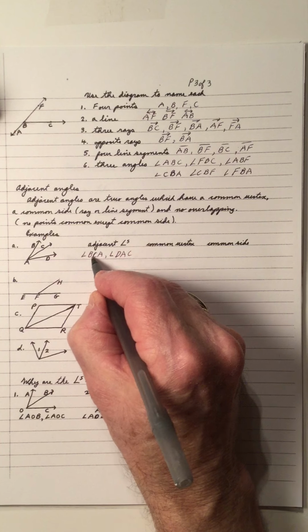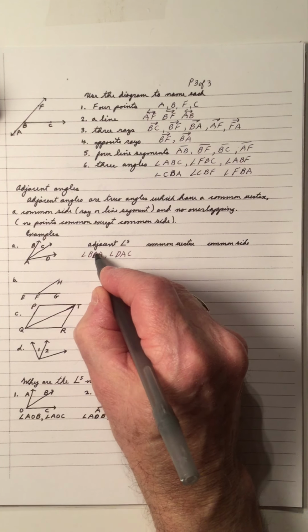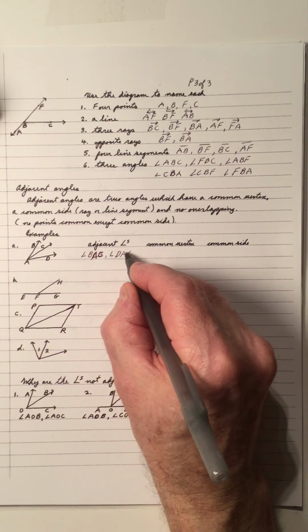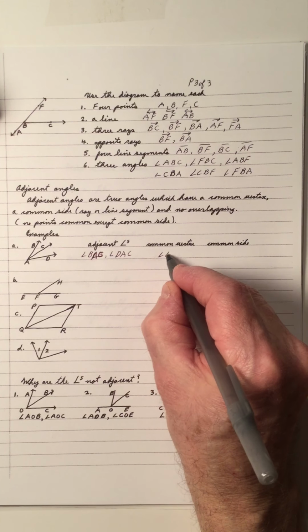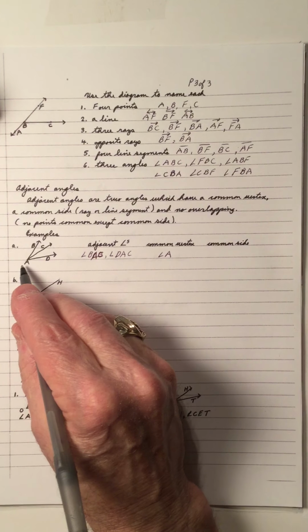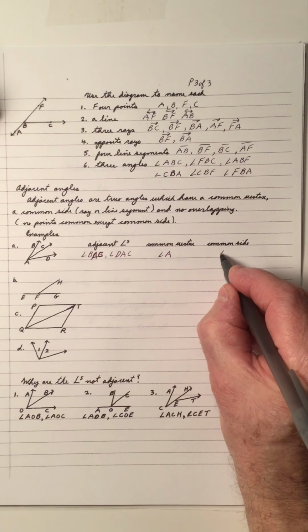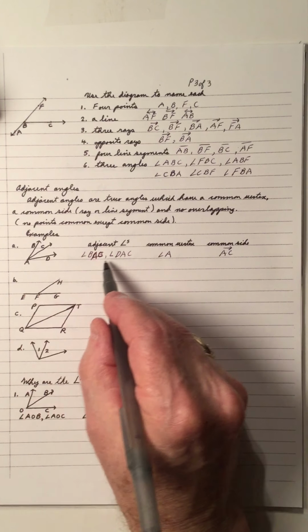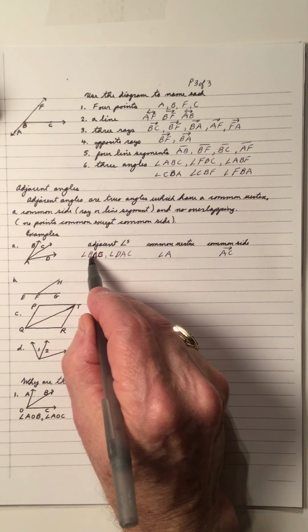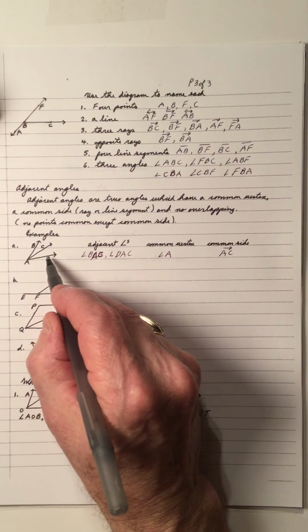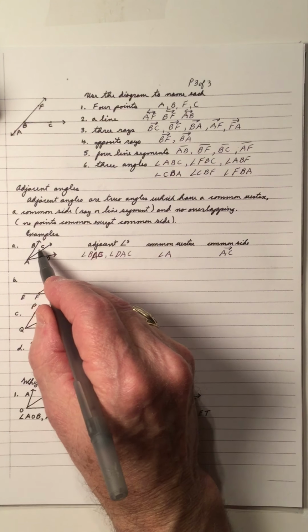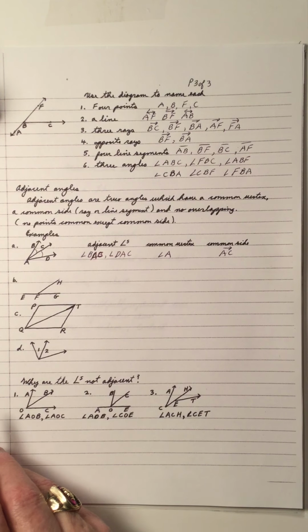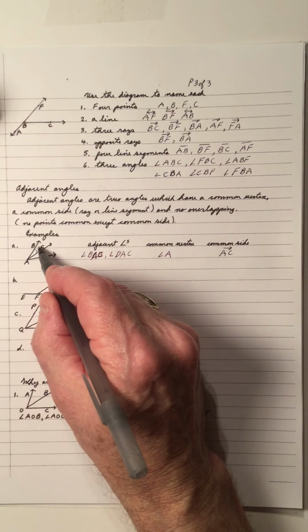I should have said B, my mistake, BAC. Because I need a common vertex called A. I need a common side called AC. So A is the vertex for both of these angles. Notice A is in the middle. So I got BAC, DAC. So there's the two angles, that one and that one. I mark them. Notice there's no overlapping.